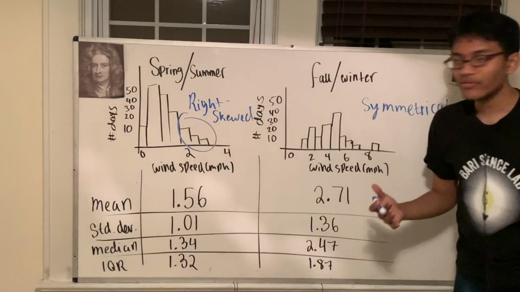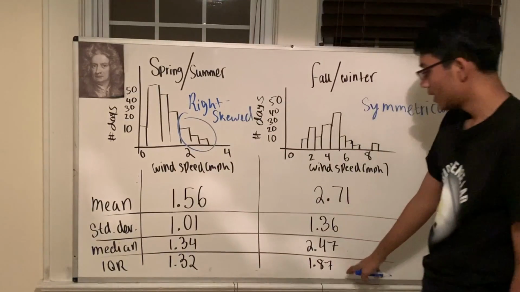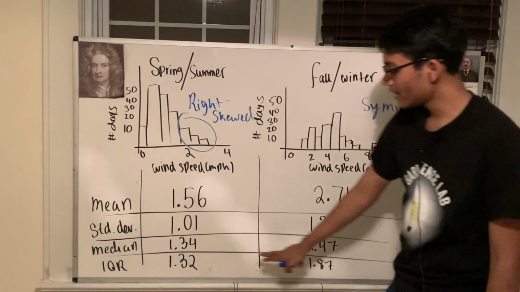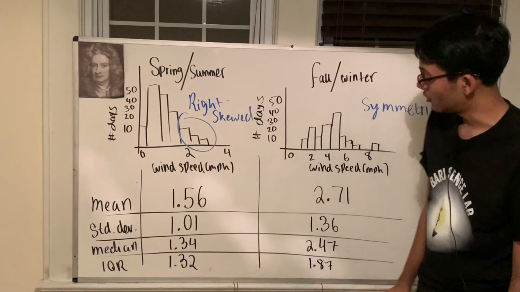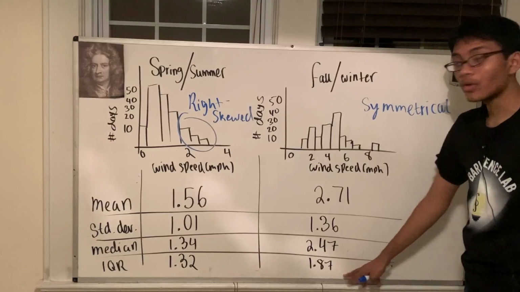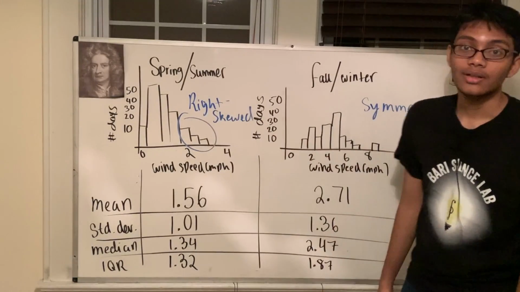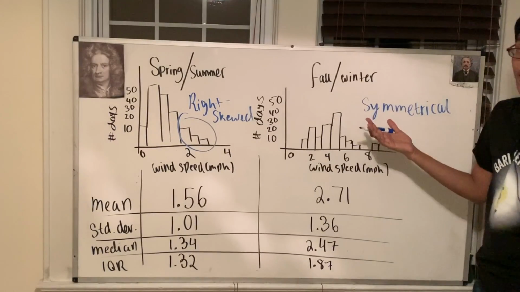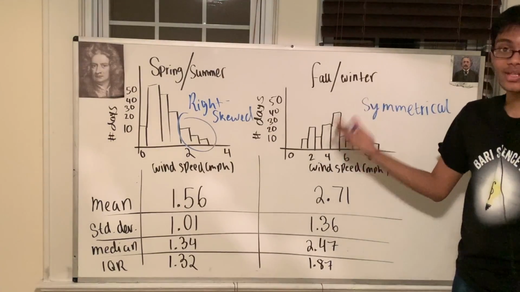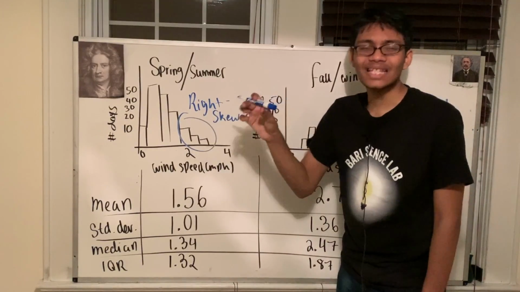But we can also make further noticings, right? Because you can see the IQR. The IQR here is 1.87, whereas the IQR for spring and summer is 1.32. That tells us that there's a lot more variability going on for fall and winter than spring and summer. In other words, you don't know if you're going to walk out with an umbrella or with a kind of summer cap for fall and winter, whereas for spring and summer, there's a lot less variability.